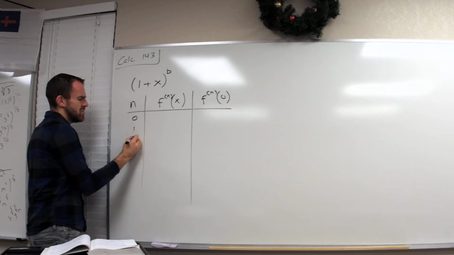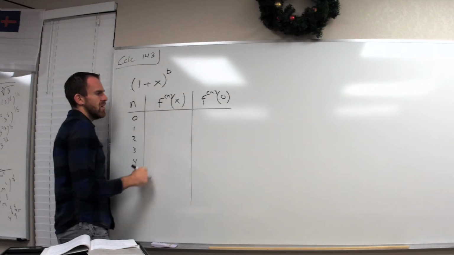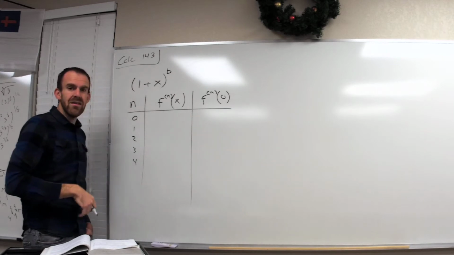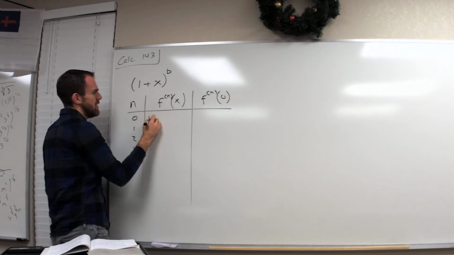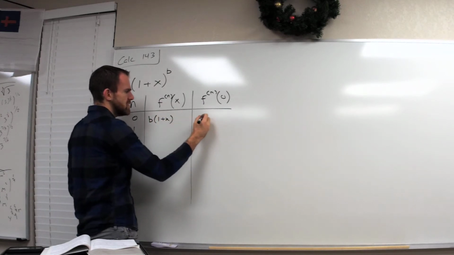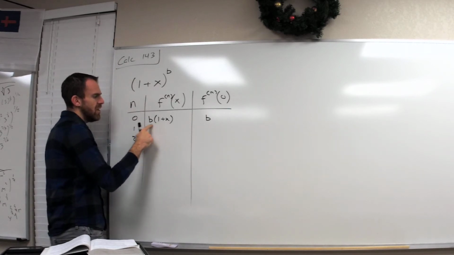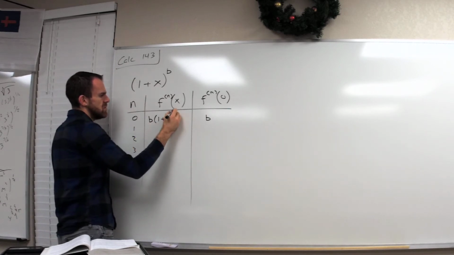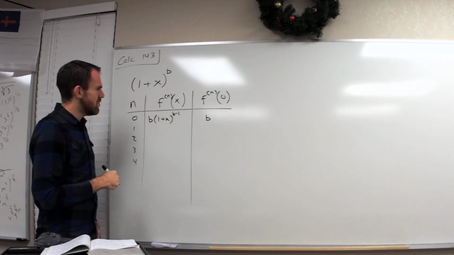So we do n equals 0, 1, 2, 3, 4. The nth derivative of f with respect to x. So that's going to be 1 plus x to the b, and plugging in 0, we get 1. Now, when we take the derivative of this, we get b times 1 plus x to the b minus 1. Ooh, that's much better.